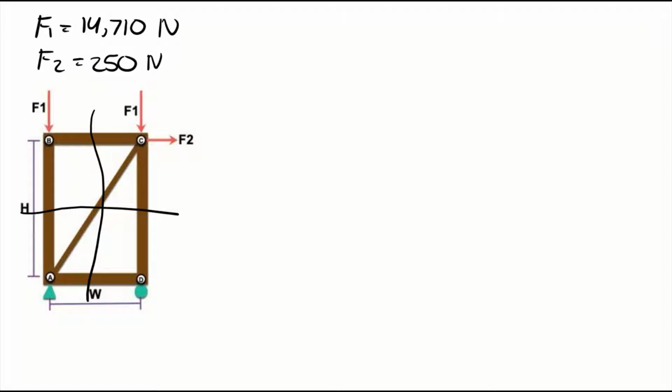So what you want to do is break the truss into its individual joints A, B, C, and D, draw the forces acting on each joint, and then analyze each joint by itself.